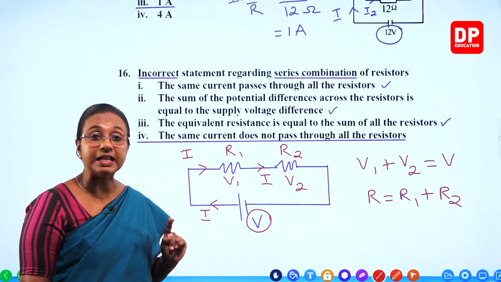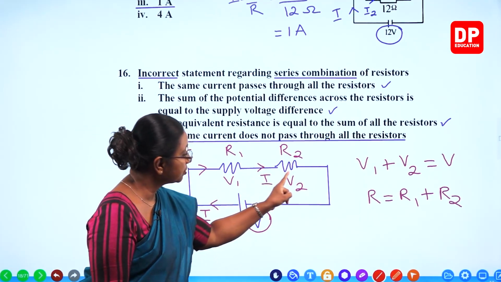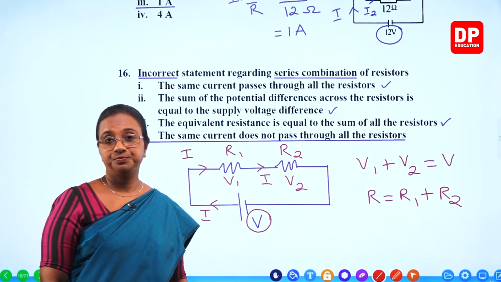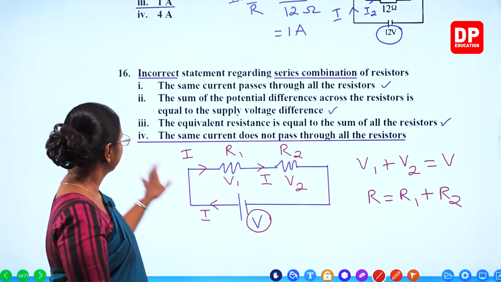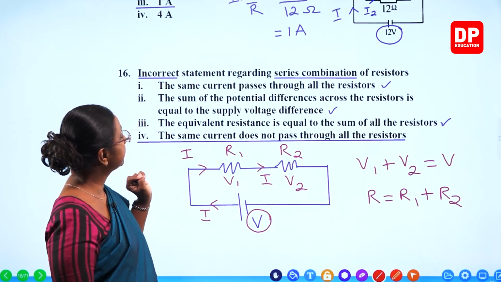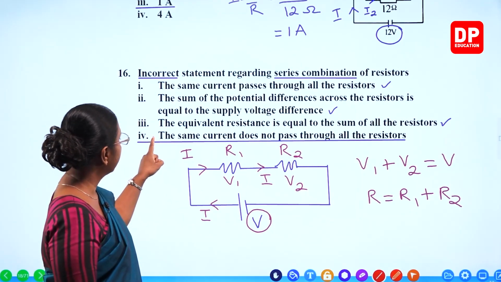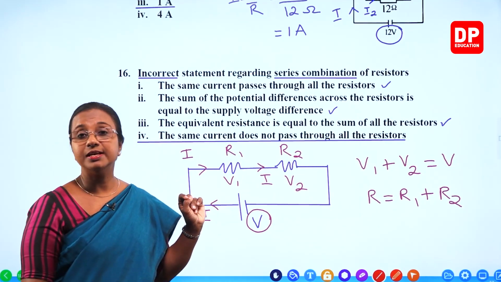It is an incorrect statement because the same current passes through the resistors. I am sure you all can understand that. So the answer for this question, incorrect statement regarding series combination of resistors, is that the same current does not pass through all the resistors.